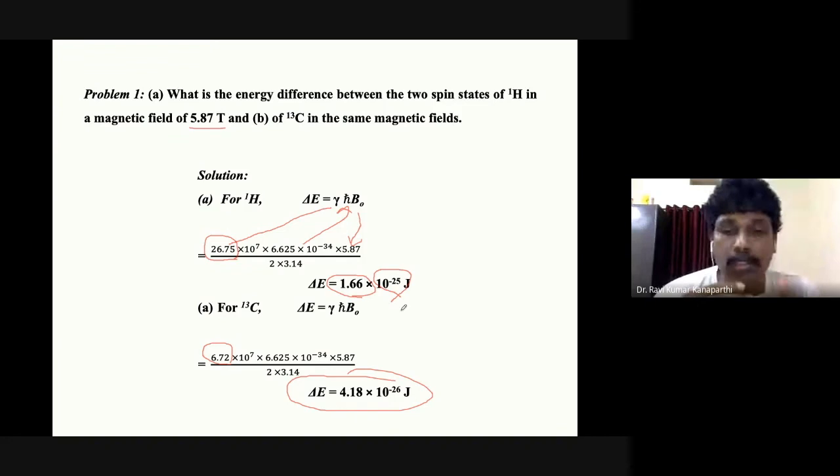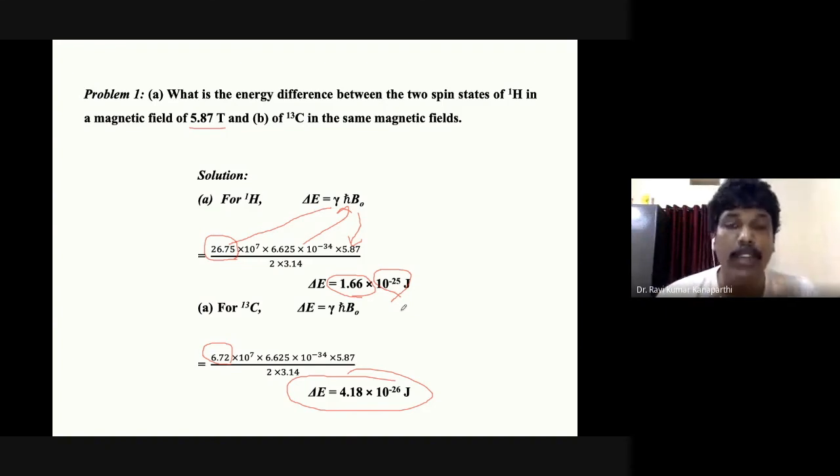Therefore, the population difference is very, very small, and that leads to the concept of insensitivity. If any spectroscopic technique is said to be sensitive, the population difference between the ground and excited state should be sufficiently large so that the transitions will be more, and then we will see a good spectrum.